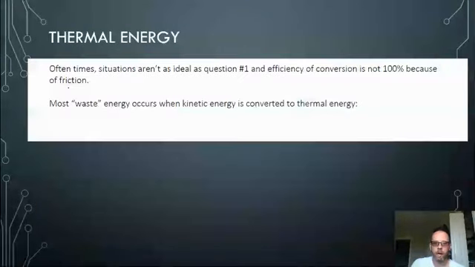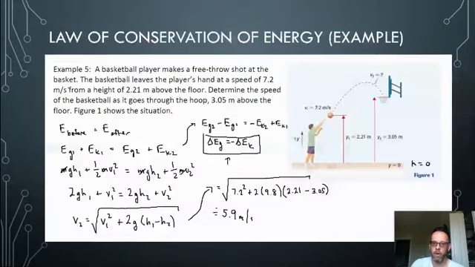Let's do one involving thermal energy. So obviously we know that no system keeps moving forever. Energy is lost due to friction and sound energy, and all kinds of things cause a system to lose energy. So energy is not perfectly conserved.